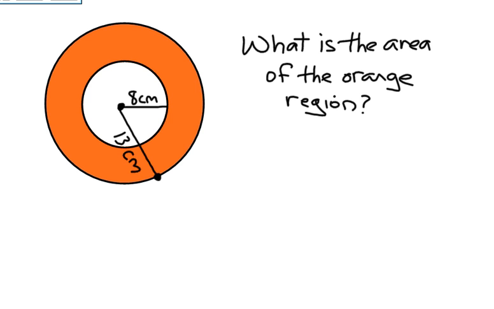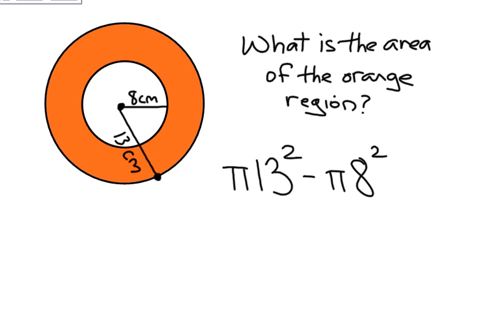So if you think about this for a second, the area of the big circle is going to be pi times 13 squared, and then we have to subtract the part that got cut out, which would be pi times 8 squared. Well, I don't even care what the answer is.